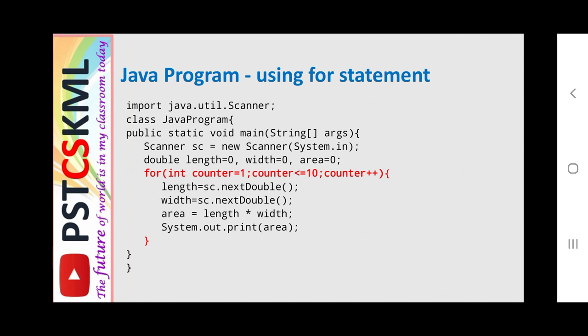For example, for we initialize counter equals 1, semicolon, counter less than 10, semicolon, counter equals counter plus 1 or counter plus plus. This means the values we declare are in one single line, compared to the while control structure where they happen in different places.